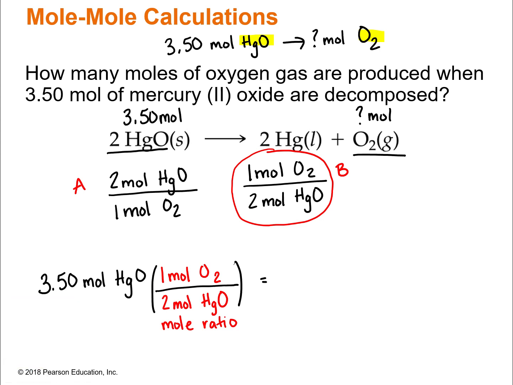Just like in Chapter 2, once you have the unit factors, you choose which one you need to get from where you are to where you want to be.